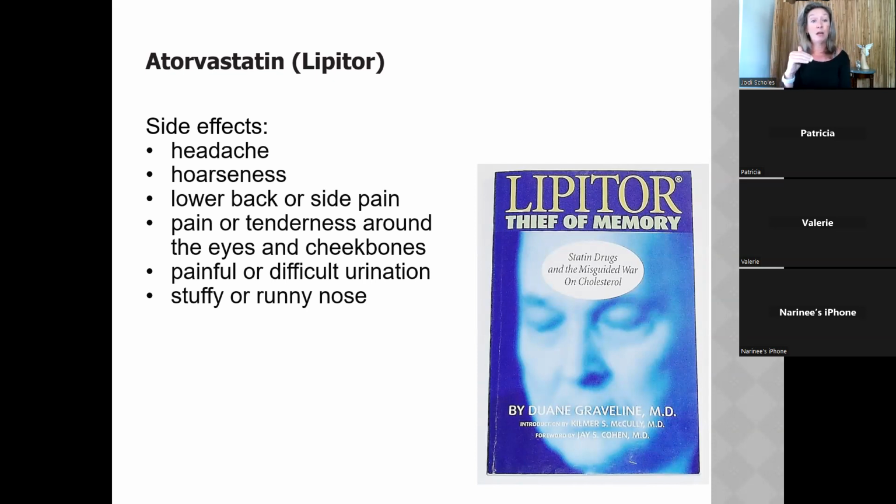Also, people have reported headaches, being hoarse, low back or side pain, tenderness around the cheekbones or around the eyes. Some people have a little bit of a runny nose. There's a book that's been written about the long-term effects of Lipitor and how it's the thief of memories, and how statins in general are being shown to lead towards memory loss. Not good, right? Not good.